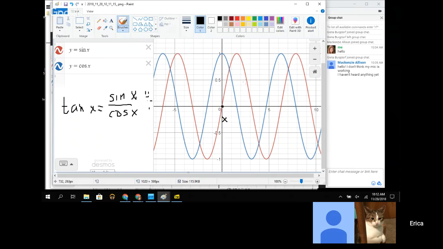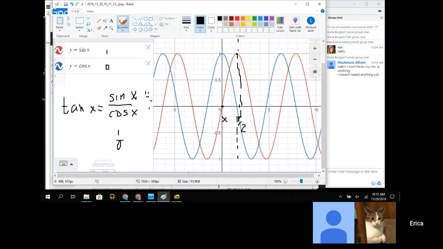If I go up to this point, which is at pi over 2, the sine is 1 and the cosine is 0. And are we allowed to divide by 0? Not allowed to do that, right? So this point right here is actually an asymptote of the tangent function.